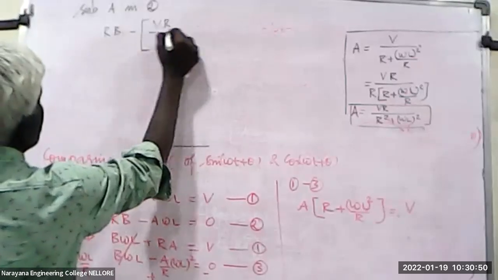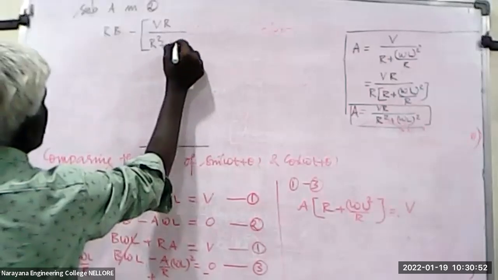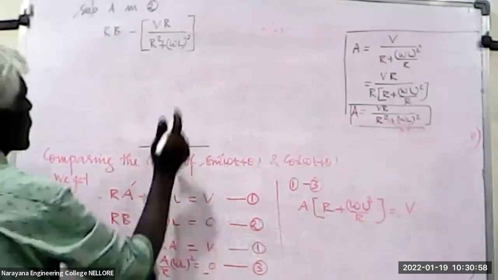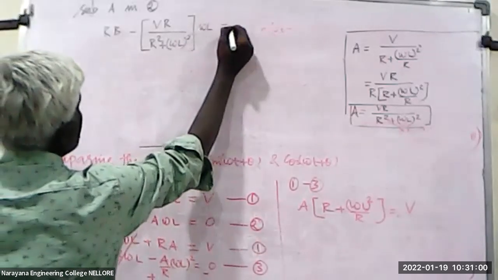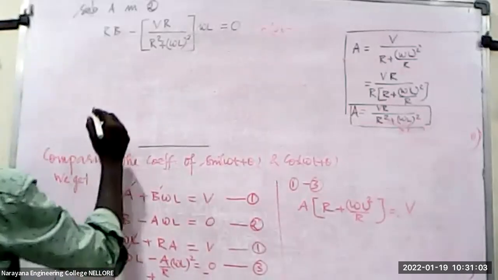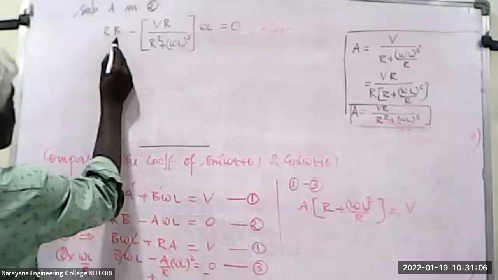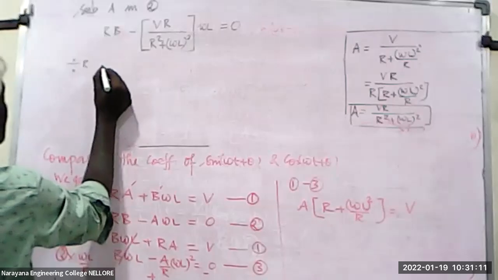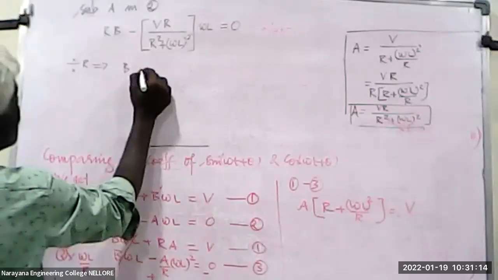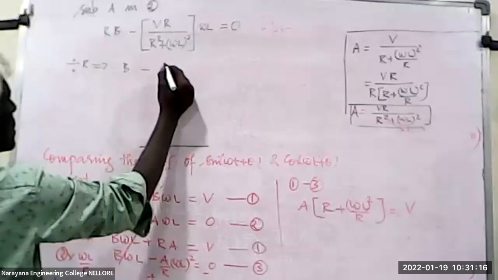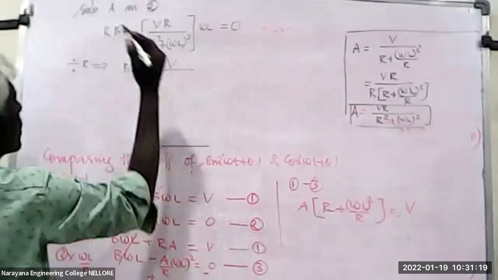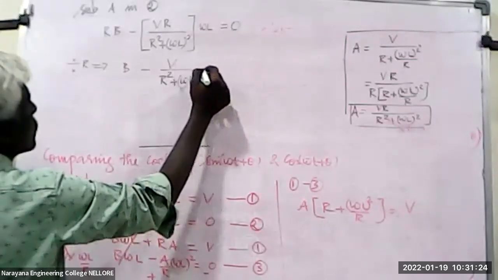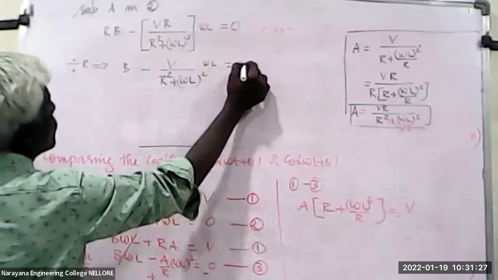It is VR divided by R square plus omega L the whole square, that is my A, into omega L, which is equal to 0. Now I want B. Before that, I divide the entire equation by R. Divide by R will give me B, the R will get cancelled, so that I get B only, minus A omega L square, omega L equal to 0.